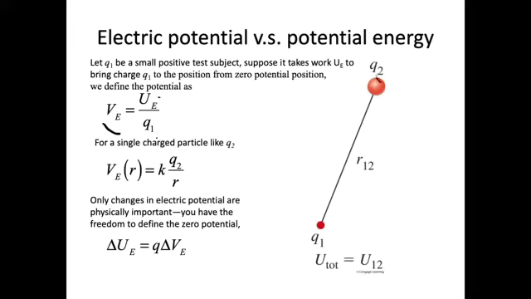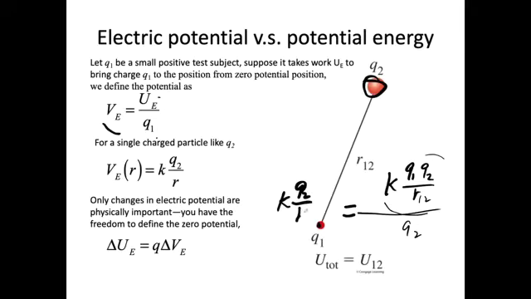So the electric potential created by charge Q2 at this location is given by electric potential energy between them, Q1, Q2 over R12, divided by Q1, right? And this is U12, so it's K Q2 over R.